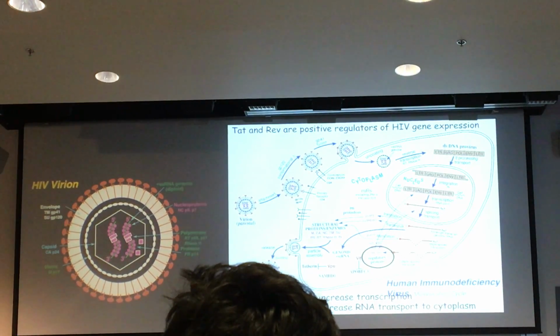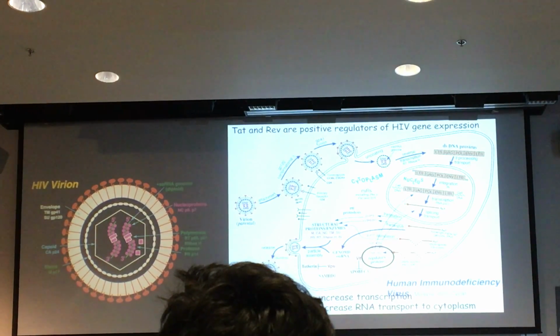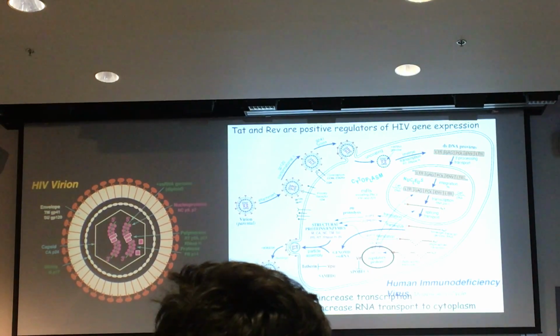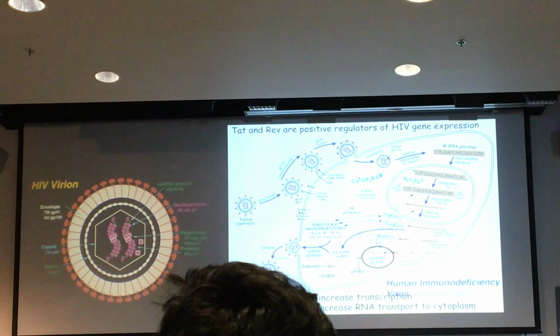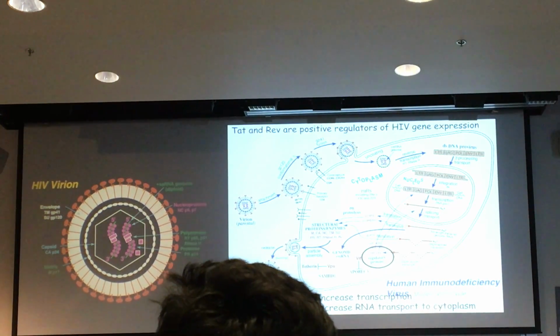is the viral protein, and it is produced from multiply spliced RNAs. So again, when the cell Pol2 transcribes our integrated provirus using the viral promoters and enhancers, we get this primary transcript that is transported to the cytoplasm to make GAG precursor.